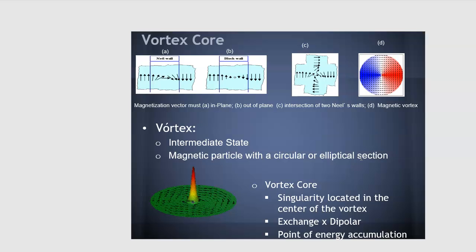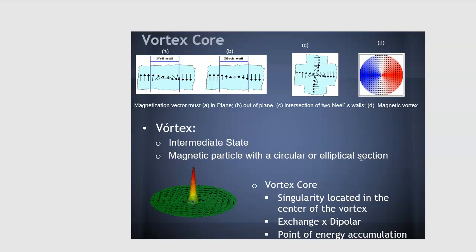In this situation, the two Néel walls start intersecting each other, and this gives rise to the spinning of magnetic moments around a common core. This state is known as the magnetic vortex state.